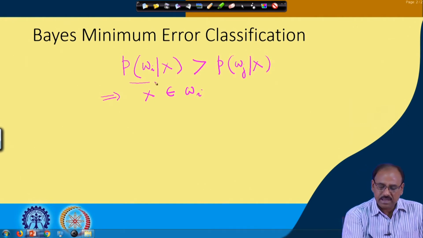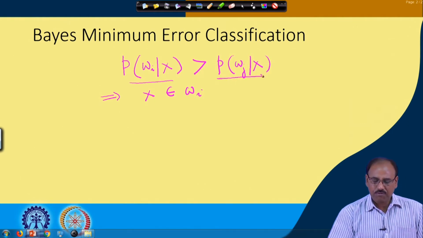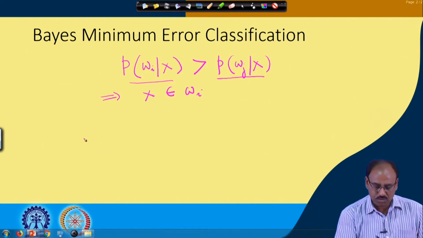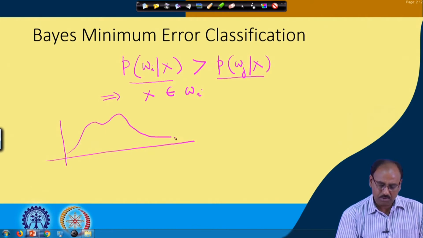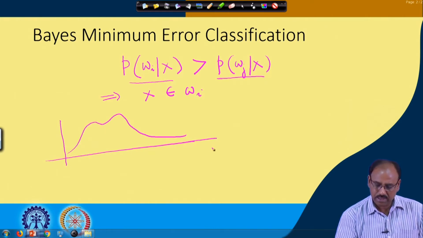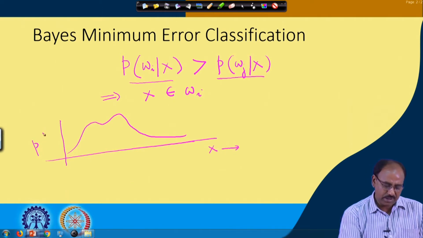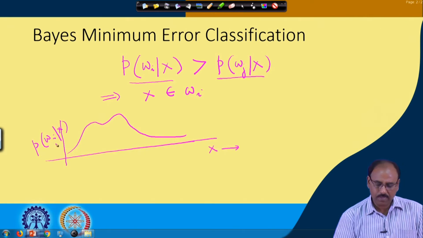Now, even in this case, if I plot these two in one dimension, say P of omega i given x, maybe I plot something like this. Here I have my feature vector x, and in this direction I have P of omega i given x.